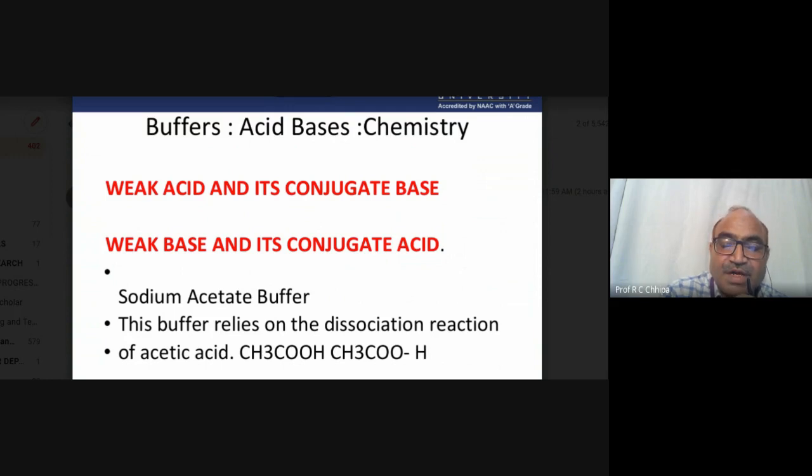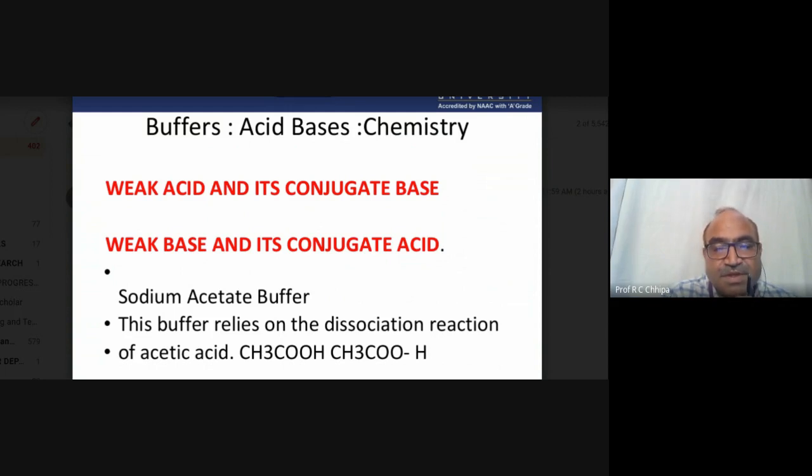Here we are using, for example, an acid buffer. For the purpose of an acid buffer, say we want to maintain a pH of 4.7. There, a weak acid and its conjugate base are used.